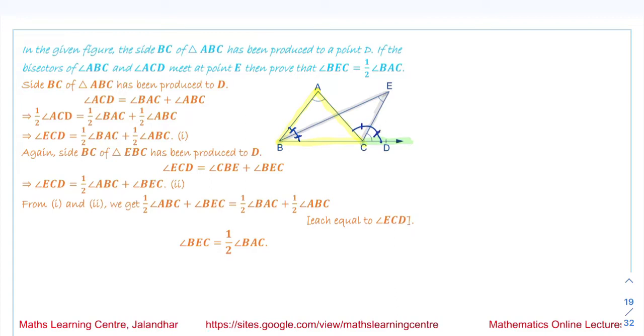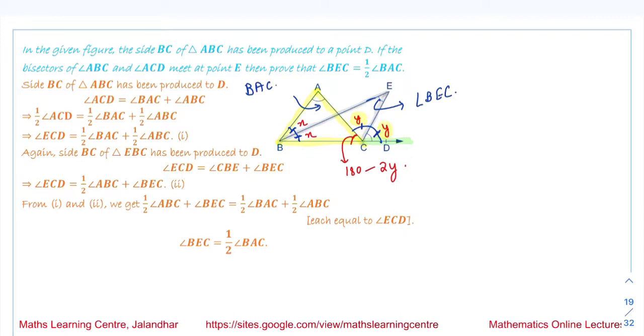We have to prove that the value of angle BEC, this angle we are talking about, is half of the angle BAC. Now consider that if this value is x, this is x, and if this value is y, this value is y, and the value of this angle will be 180 minus 2y, because these two angles are y over here.